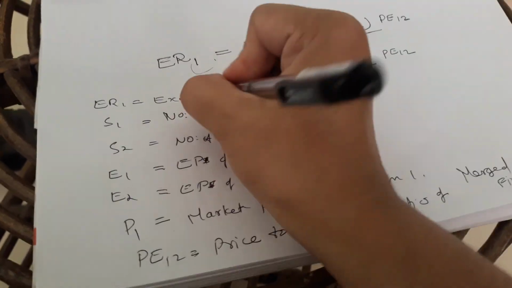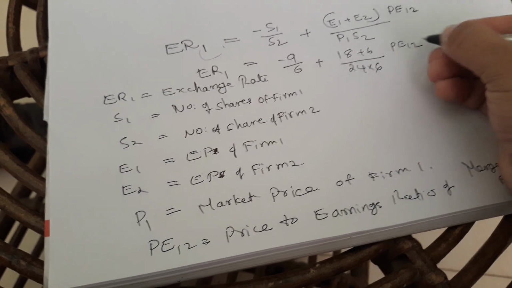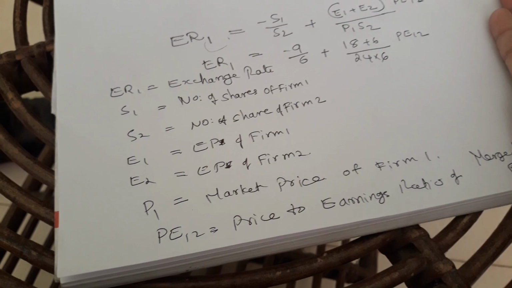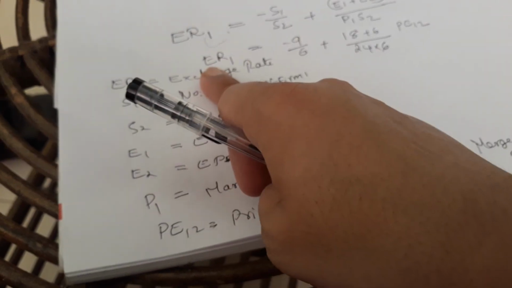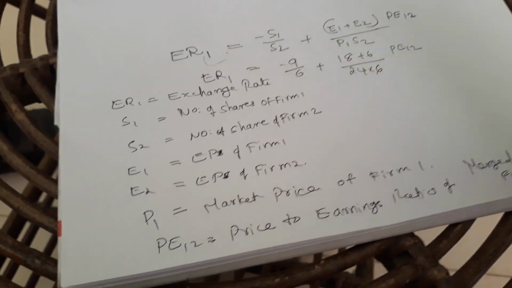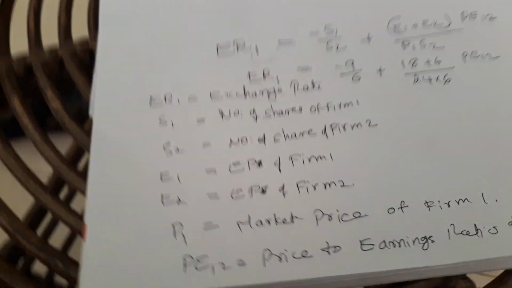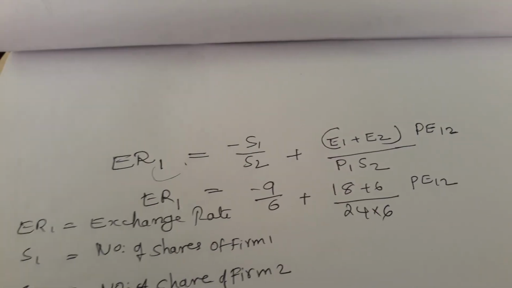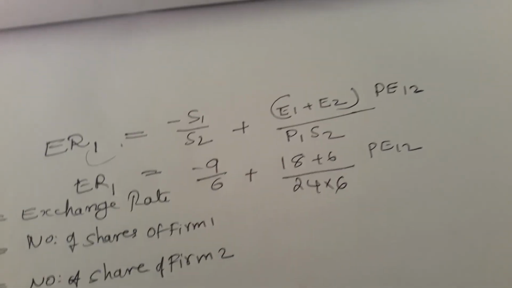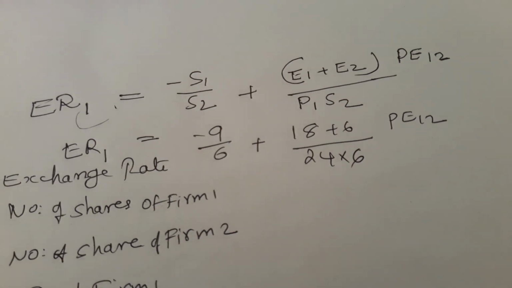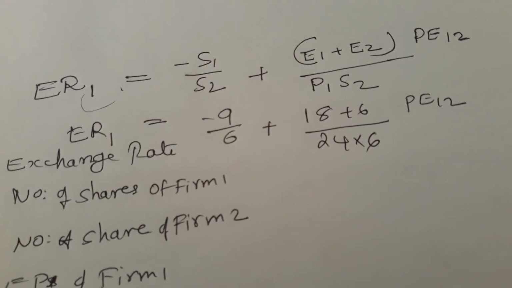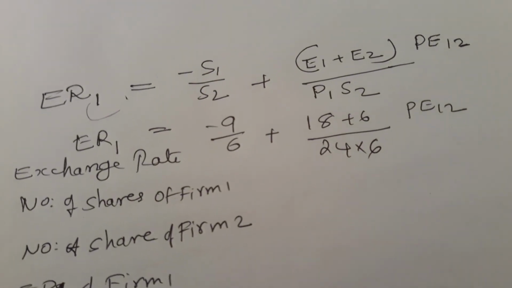So we can give some arbitrary values. For example, if we give a P by E ratio of 9, we will get some exchange rate ratio here. So this value will change. How many shares we have to issue to firm 2 in order to acquire the firm is dependent on these factors, and it will also change accordingly on the basis of the P by E ratio of the merged firm.